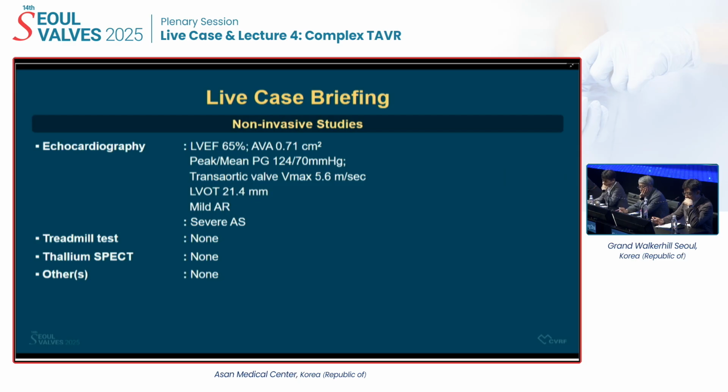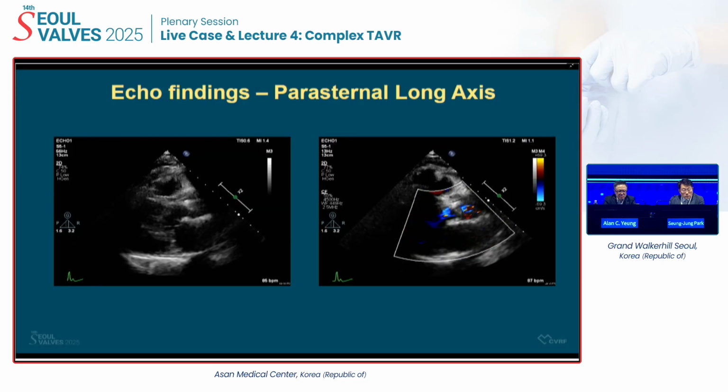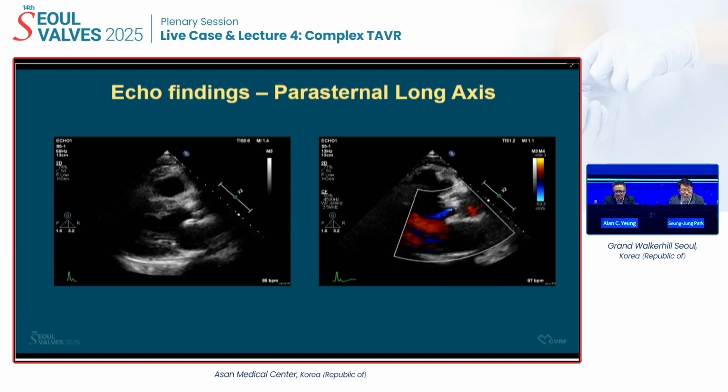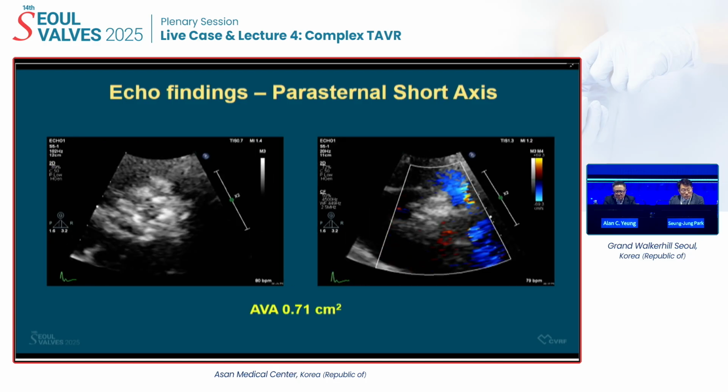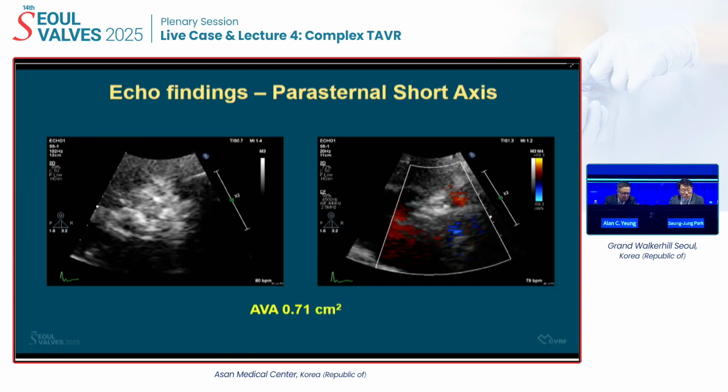Transthoracic echocardiography revealed a left ventricular ejection fraction of 65%, an aortic valve area of 0.71, a mean pressure gradient of 70 mmHg and Vmax of 5.6 m/s, which were consistent with severe aortic stenosis. As shown in the parasternal long axis view, mild AR was observed, and in the short axis view, a heavily calcified aortic valve was observed.